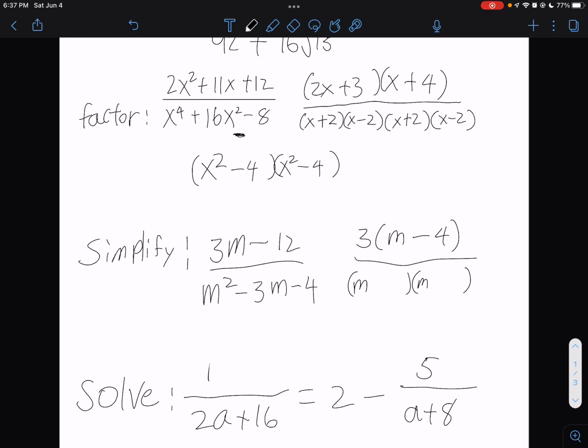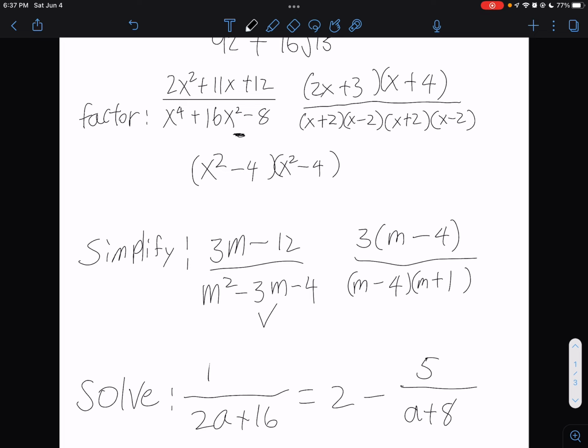Okay, since it's a negative 3, right? So the sum has to be a bigger negative number and a smaller positive number. So which is negative 4 and positive 1. So negative 4 and positive 1 will give us negative 3.